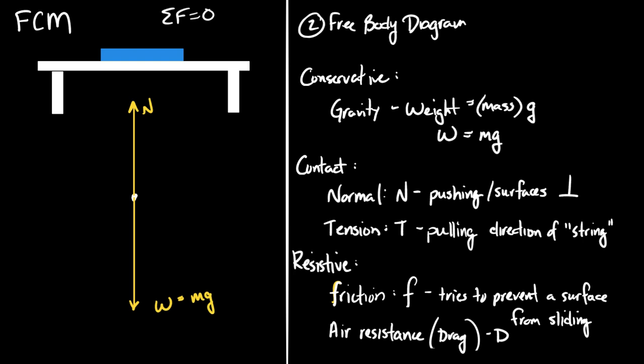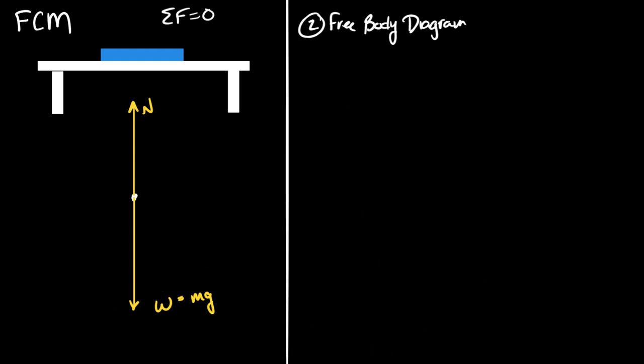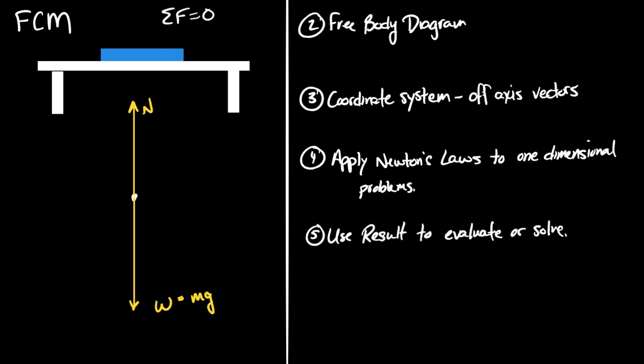Now, we have evaluated all of the forces. So now, we go to the next part. We want to apply a coordinate system and deal with off-axis vectors. That's the next part of this.